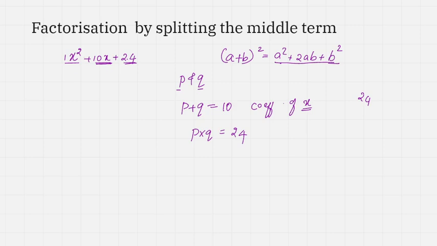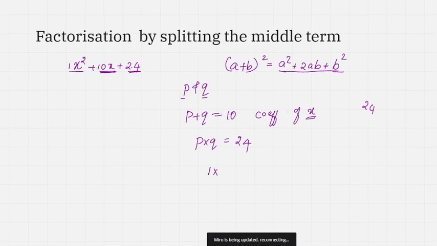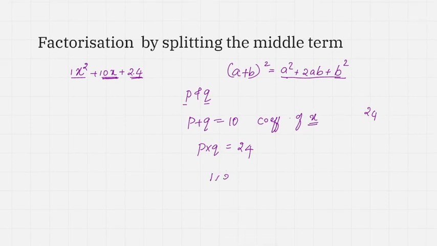To do this, you can write all the factor pairs of 24. So what are they? 1 into 24 is equal to 24. Then 2 into 12 is equal to 24.